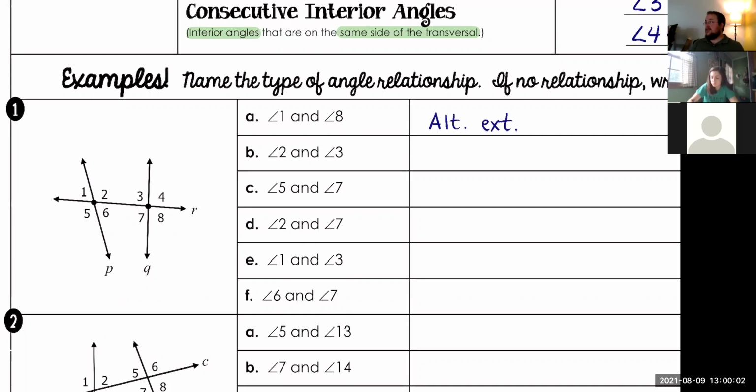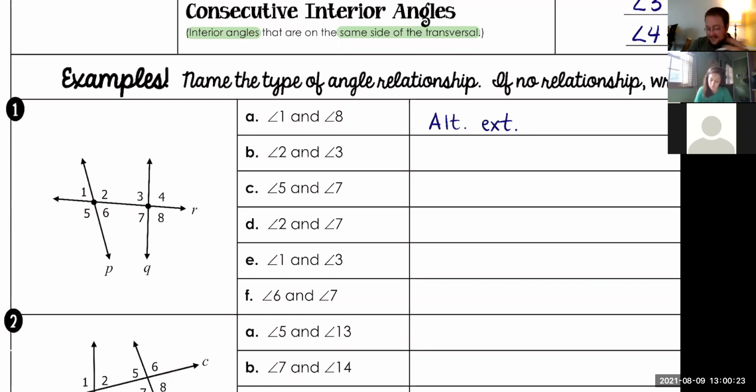Are you guys okay with that abbreviation? Alternate exterior. Otherwise, it's going to take forever. What about angles 2 and 3? Consecutive interior. Yep, consecutive means on the same side of the transversal.